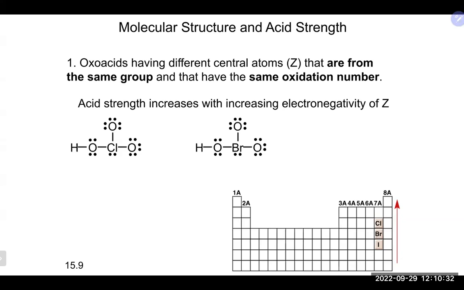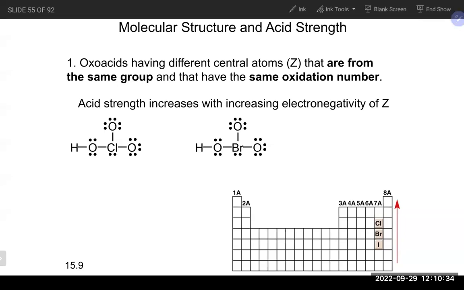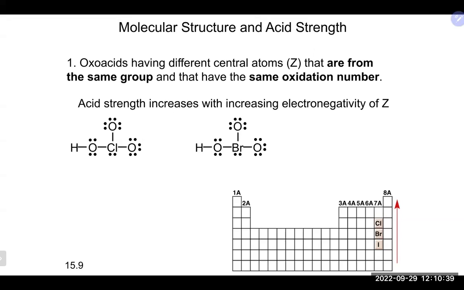Let us review oxidation numbers or states really quickly. We'll talk about it in a later chapter as well. Oxygen is usually an oxidation state of -2, which is a good place to start. That would be -2, that would be -2. Hydrogen is +1. When we add up all the oxidation states, it needs to equal the charge on the molecule.